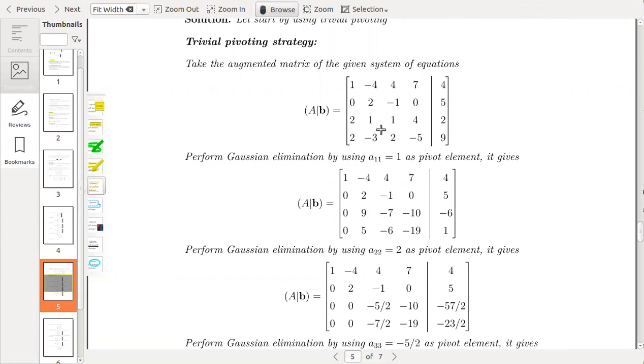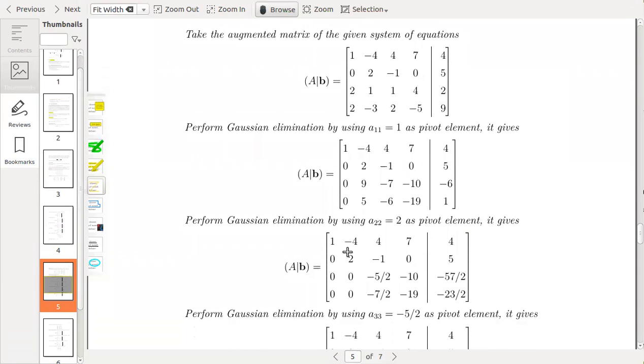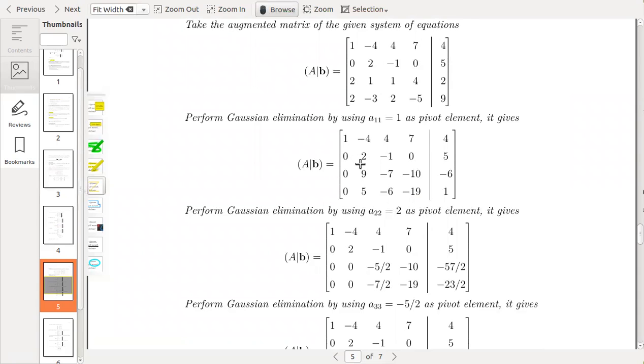So we have transformed this first column as required, 1 0 0 0, and next the diagonal entry is 2. So again this is a non-zero element, and we don't need to swap rows or interchange columns.